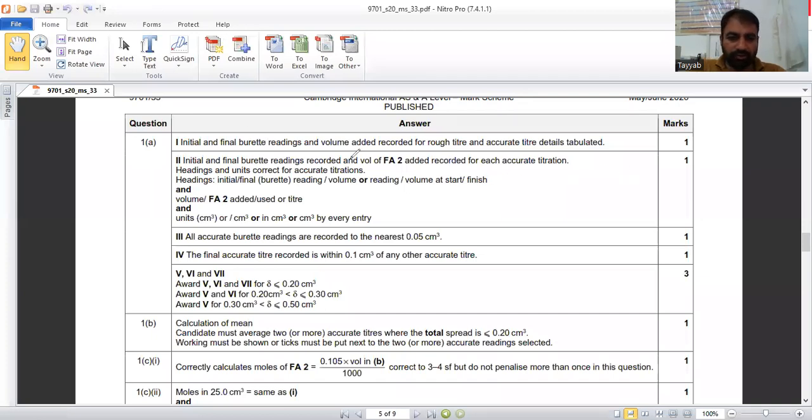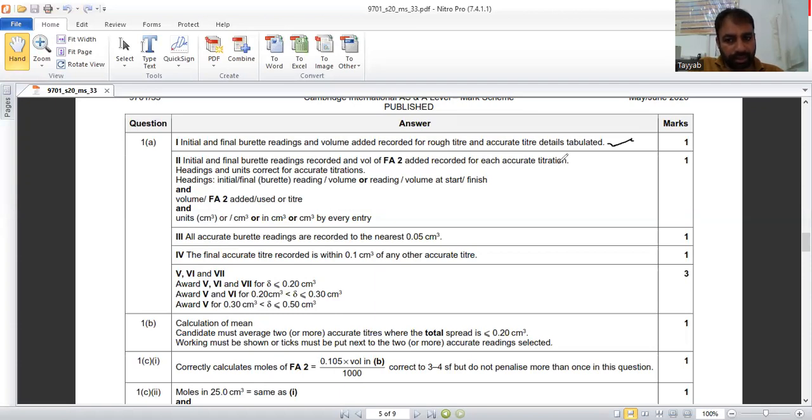In the marking scheme, if you see, initial and final burette readings and volume added are recorded for rough titer and accurate titer, detailed, tabulated, which means it should be shown in the table. Second, initial and final burette readings recorded and volume of FA2 added, recorded for each accurate titration, which means you have to do at least two titrations after the rough titer.